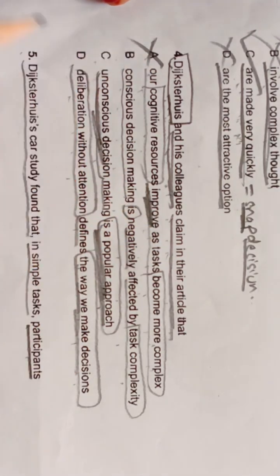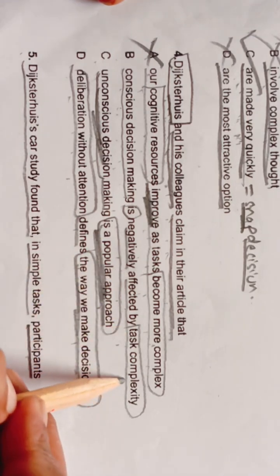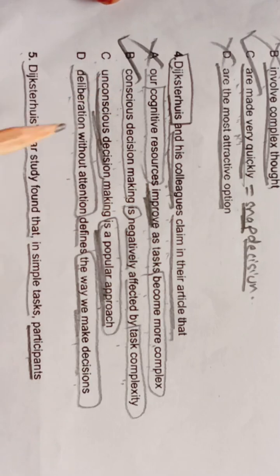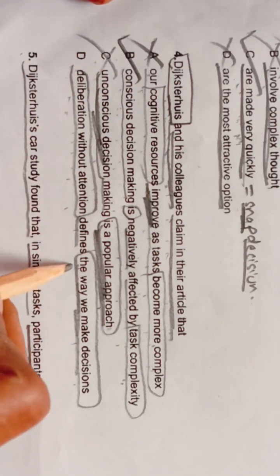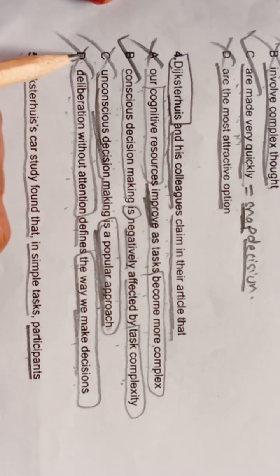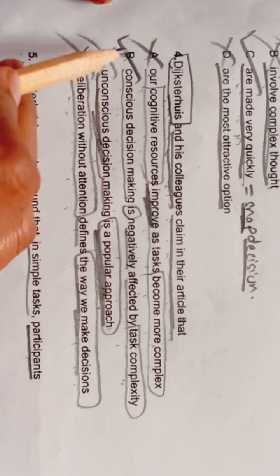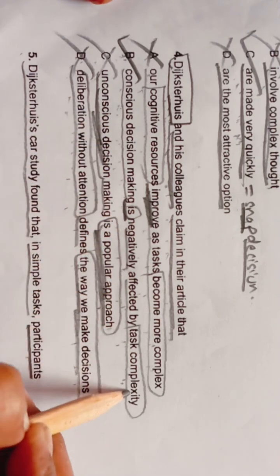So we will cancel out this also. Conscious decision making is negatively affected by task complexity. Yes, this we have seen. Unconscious decision making is a popular approach. No. Deliberation without attention defines the way we make decisions. Sorry, this will not be our answer. So our answer will be option B, conscious decision making is negatively affected by task complexity.